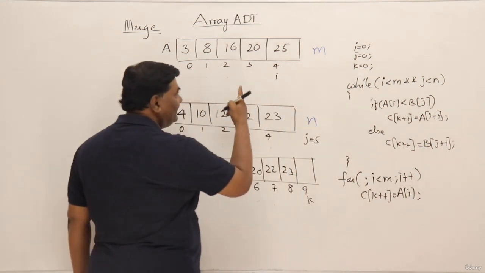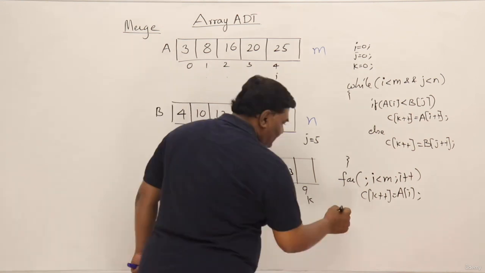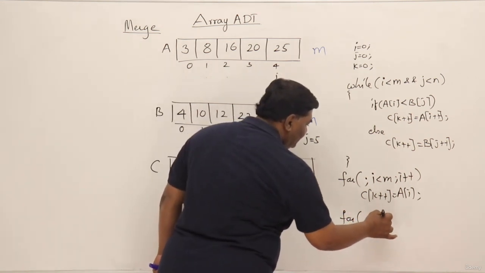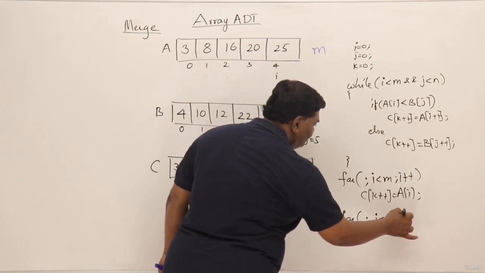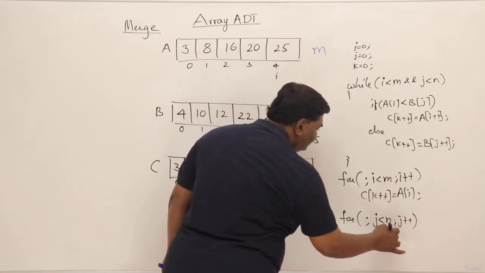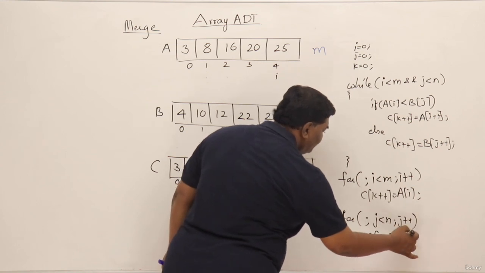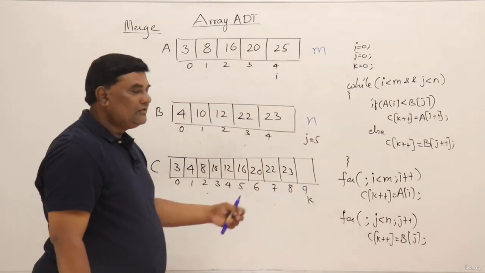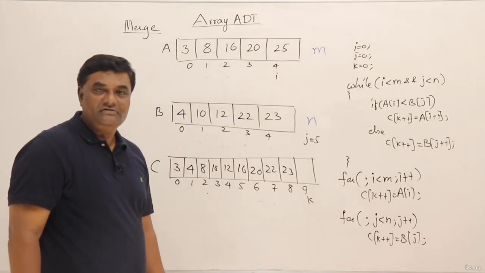This will copy the remaining elements from the first list. If there are some remaining elements in the second list, then copy: j less than n, j plus plus, and c of k plus plus assign b of j. So this is the code for merging.